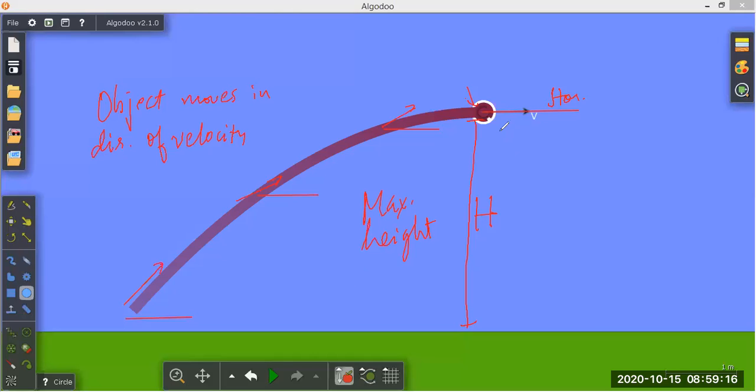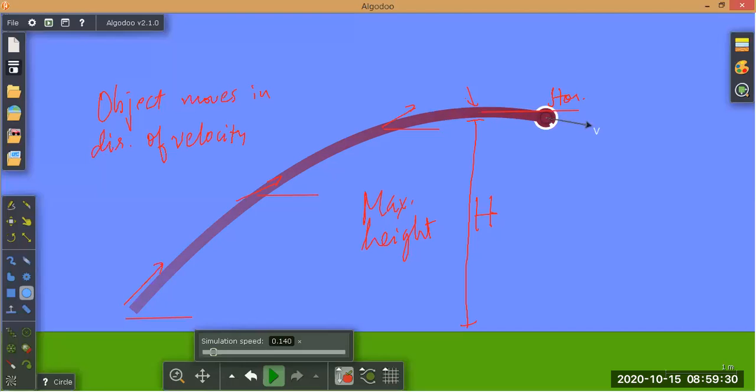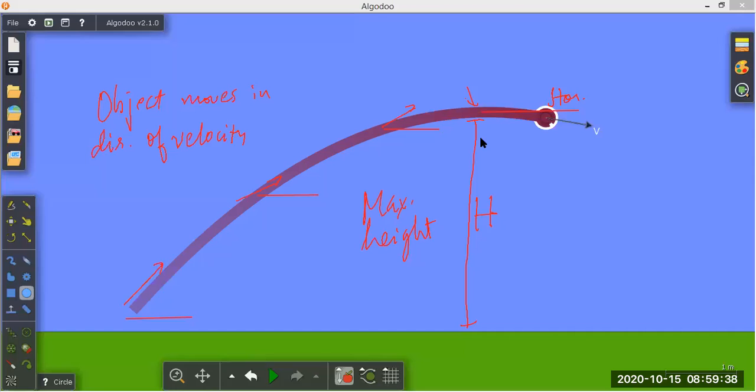And now gradually, because of Earth's attraction, because of the acceleration, the velocity is going to turn. So if I play it further, you're going to see that the velocity will now come downwards at an angle. Do you observe this? The velocity's angle has changed downwards. Is that clear?